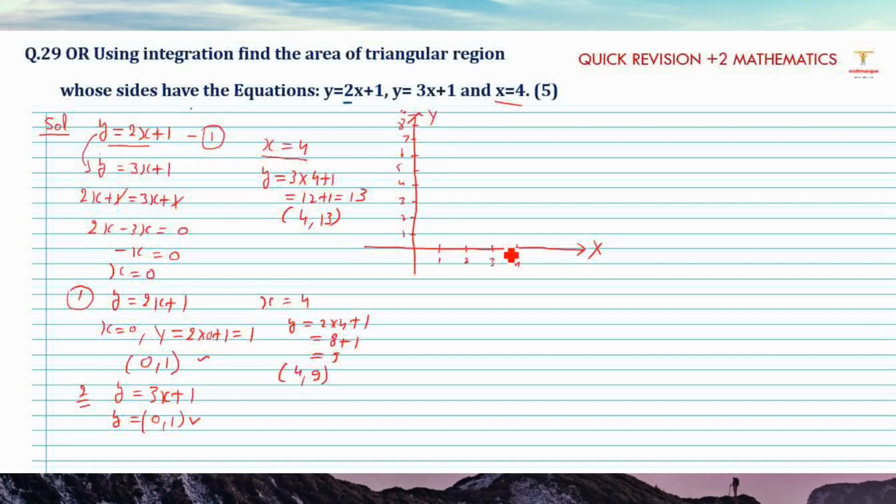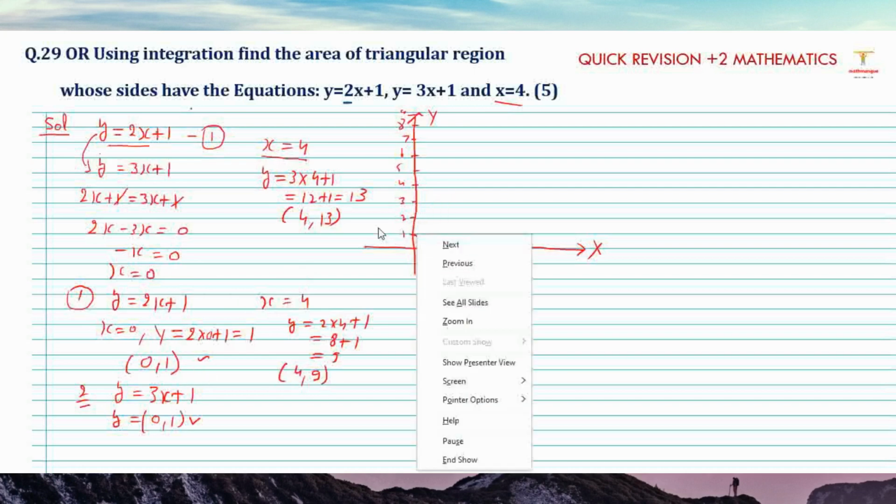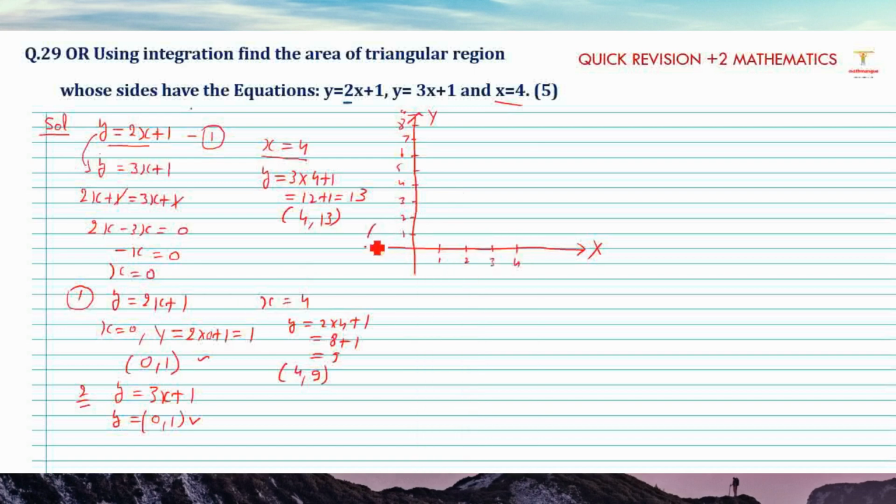Now you just check out that this line is passing through (0, 1). So this point is (0, 1), children. Here I am writing (0, 1). This line is passing through (0, 1) and (4, 9).